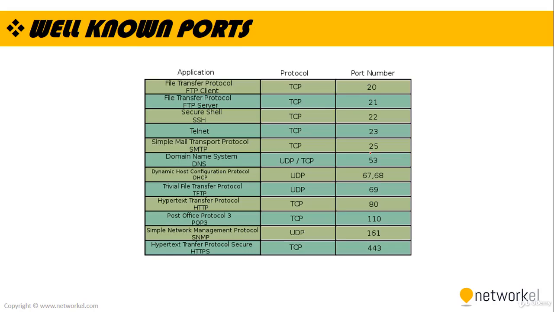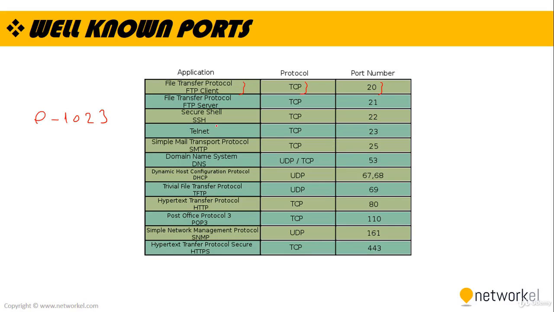So, the port numbers in the range from 0 to 1023 are the well-known ports or the system ports. They are used by system processes that provide widely used types of network services. For example, a well-known port is FTP, and FTP uses the TCP protocol, and the port number of FTP is 20.